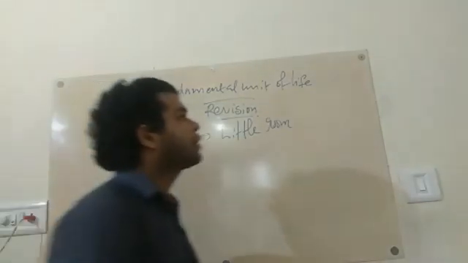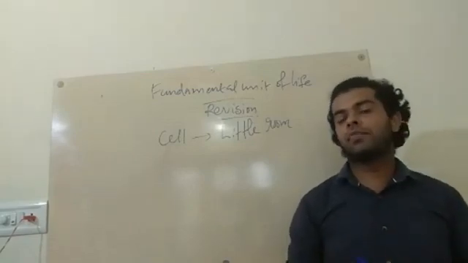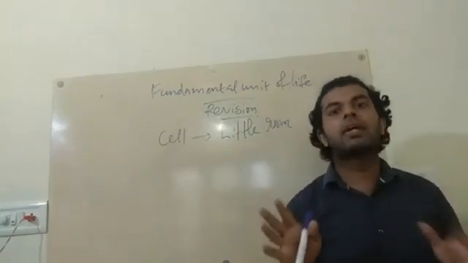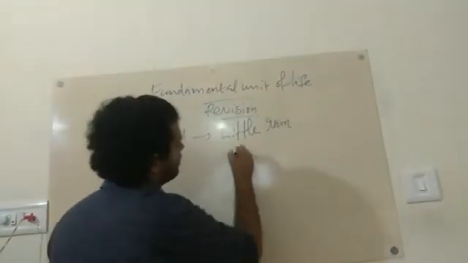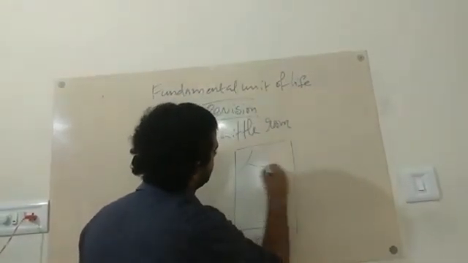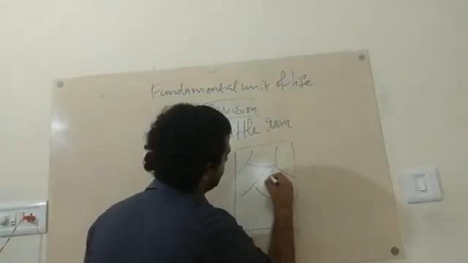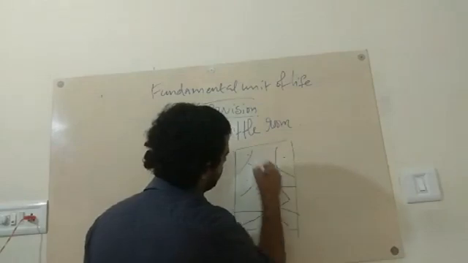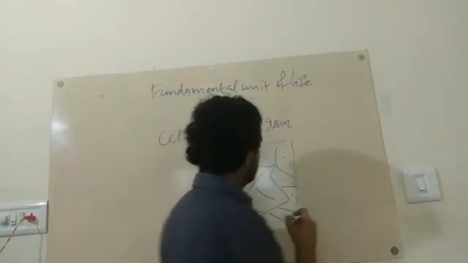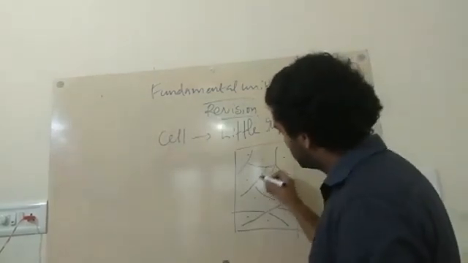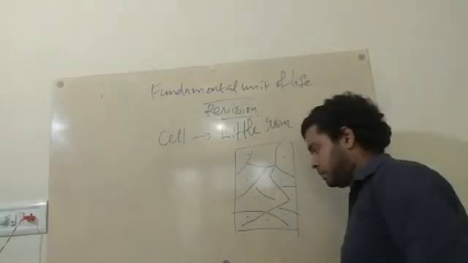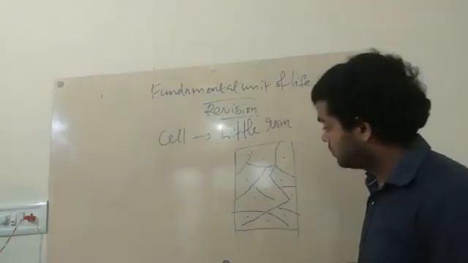After that, we looked into the structure of a cell. We took an onion peel and checked the structure of a cell, and found that it has a structure like this.